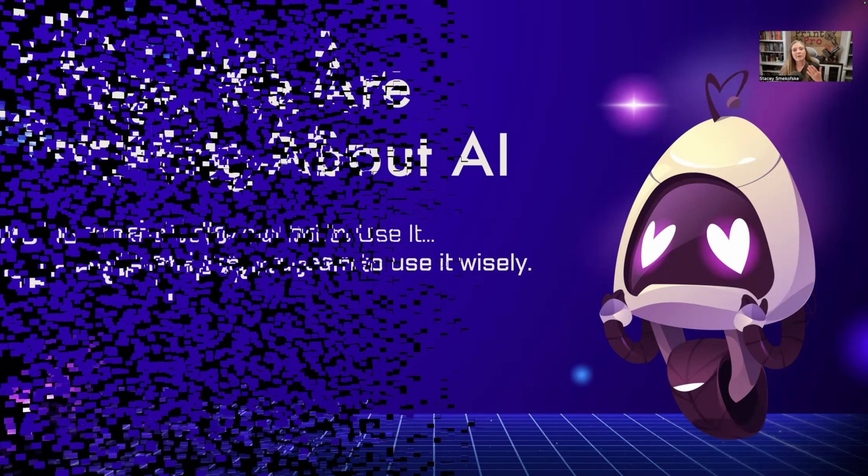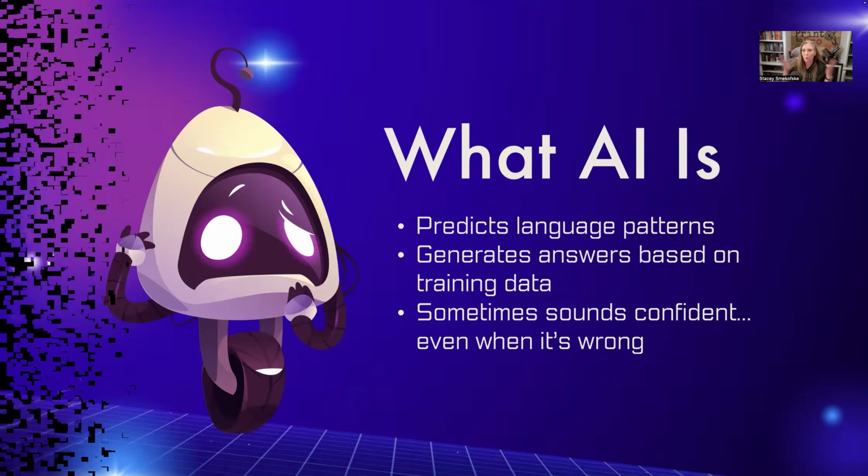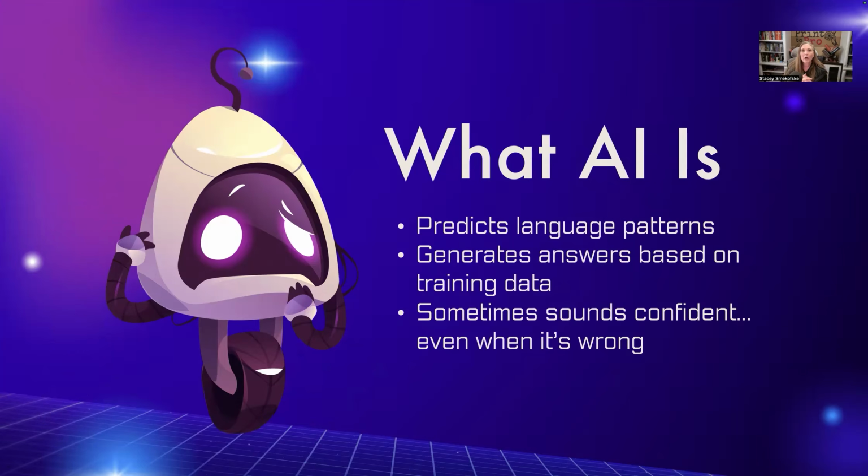So the first thing you need to know is what AI is. A lot of people who do family history may not know that AI is not actually artificially intelligent. It's a large language model.